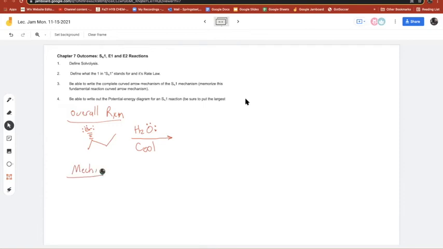Let me start with the mechanism. So if it's an SN1, that means it's a substitution and it's got what kind of rate determining step? Unimolecular rate determining step.